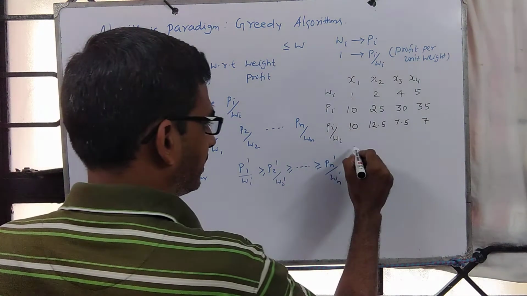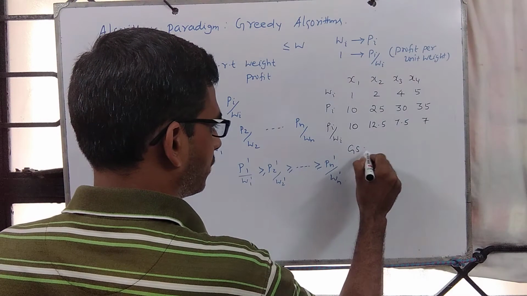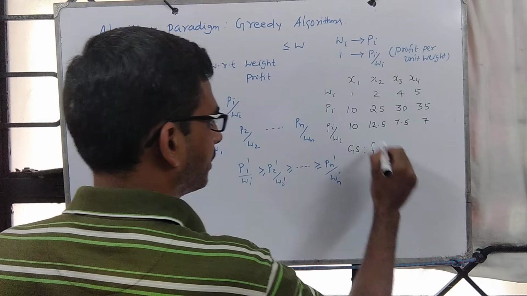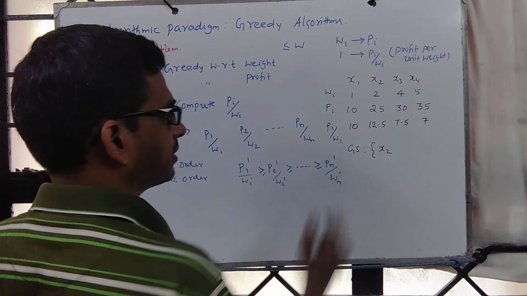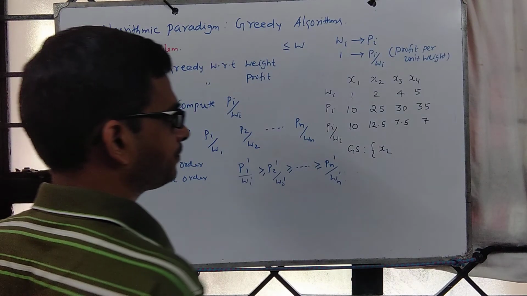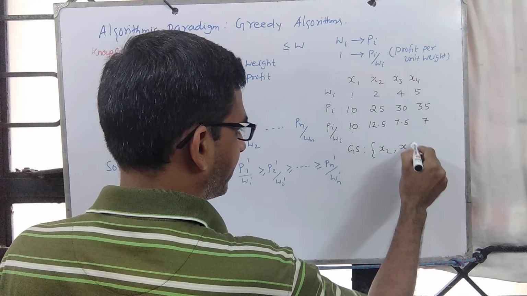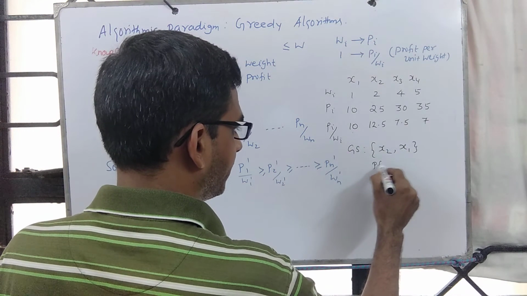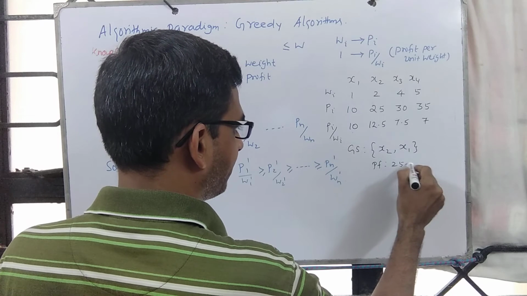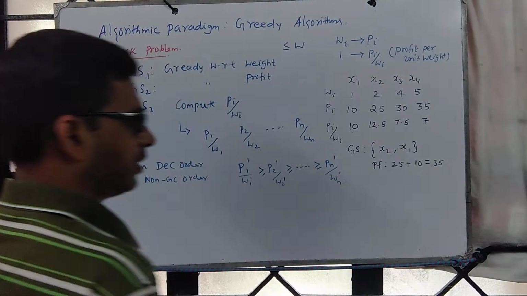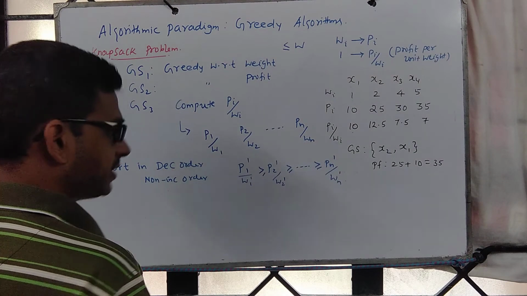Our greedy strategy says the solution output by the greedy strategy is include x2, because this has got max profit per unit weight. Then after that, second max is this, so include x2 and x1. So profit earned is 25 plus 10, 35. But opt is something else.